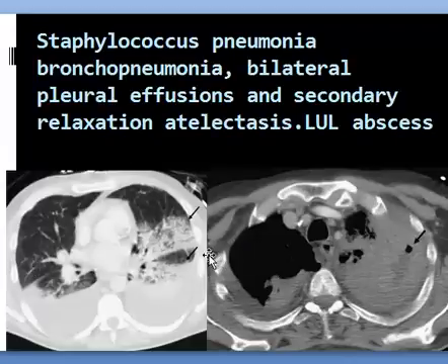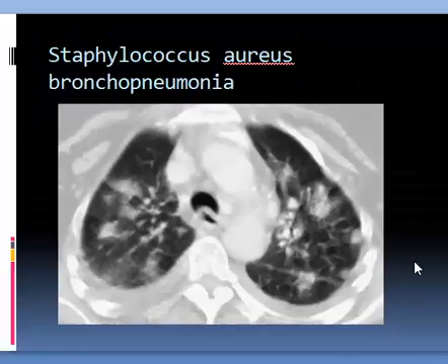It's called bronchopneumonia because it is patchy and multiple, and there is bilateral pleural reaction, and there is the start of an abscess. This is again staphylococcal bronchopneumonia, patchy, bilateral, with developing pneumatoceles and abscess.